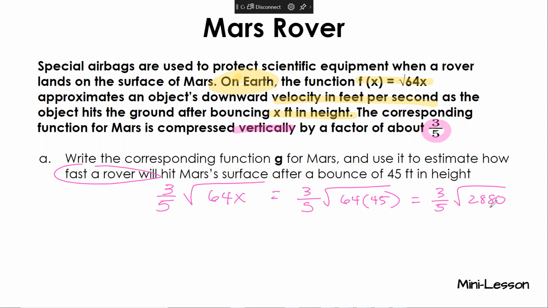Then if I take the square root of that, that's going to give me roughly 3/5 times roughly 53.6656. And 3/5 is 0.6. So this would be a velocity of 32.19. We're going to say 32.2, and it's going to be feet per second.